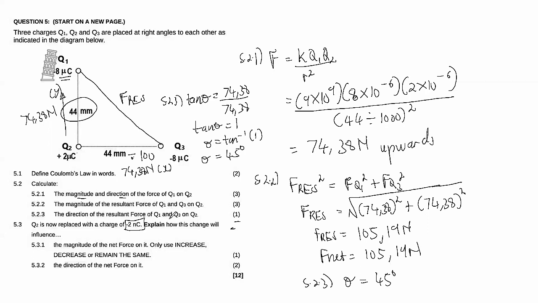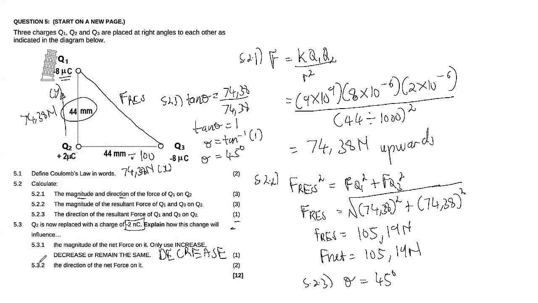If they are using a smaller charge, remember, according to Coulomb's law, the magnitude of the charges is directly proportional to the electrostatic force. So if they are using a smaller charge, then obviously the magnitude of the net force acting on it will decrease. So the answer here is supposed to be decrease.